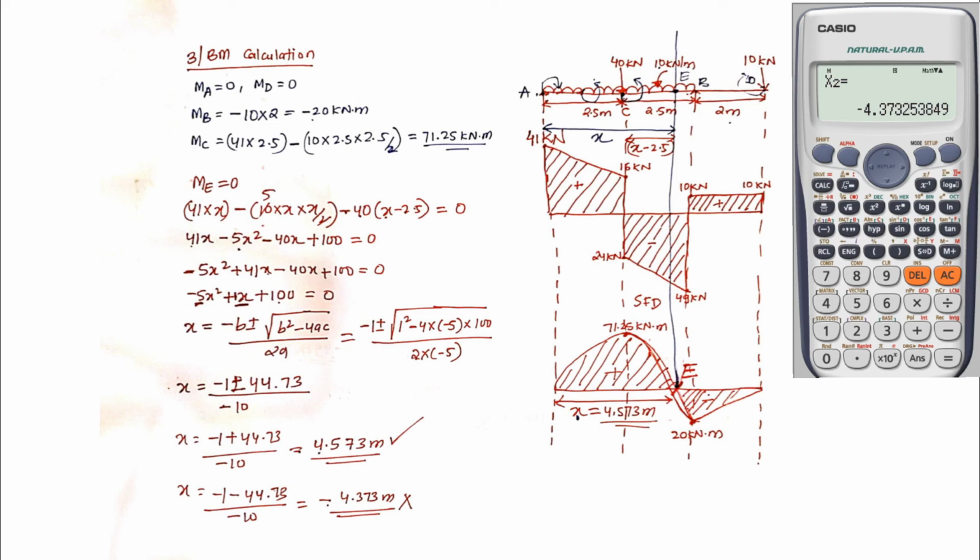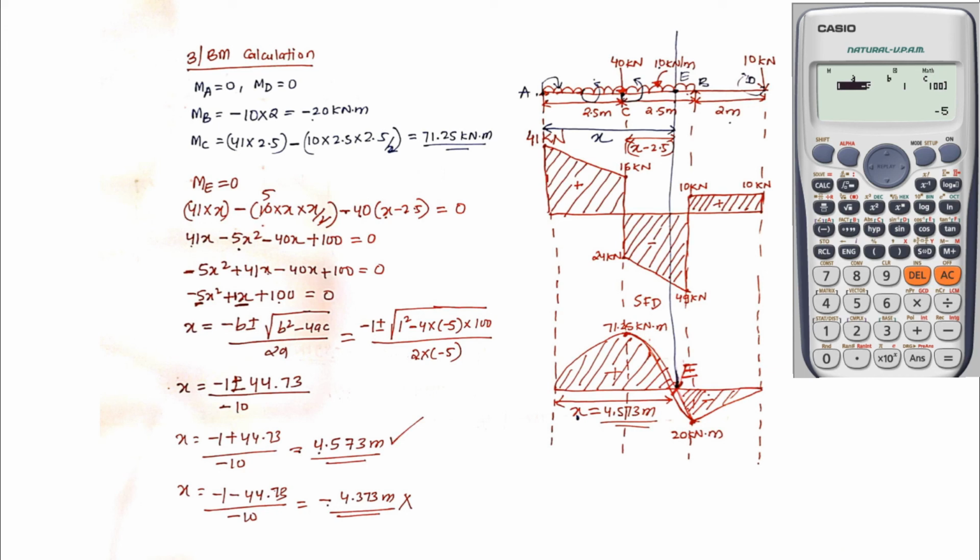So if you solve it manually also, you will get this value, but if you solve it in a calculator, you'll get the answer in like 2 seconds, or maybe 5 seconds at minimum, right? So this is the easiest way out, by using a calculator. So I really recommend you solve this kind of equation using a calculator.